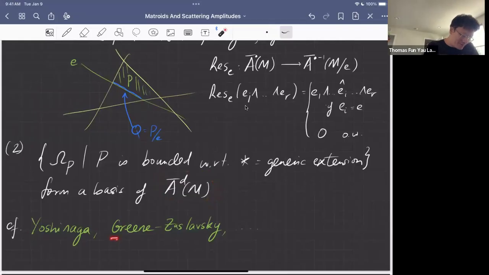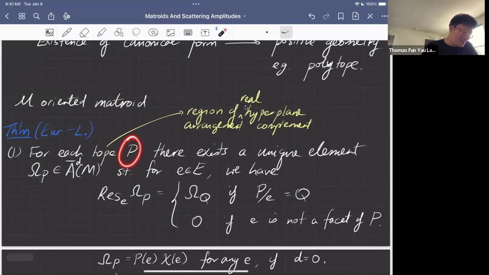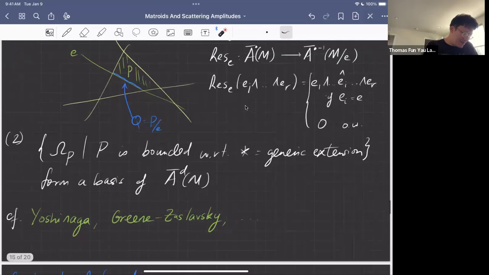That's one of the theorems of, I guess, Green-Zaslavsky. It turns out that these canonical forms, a different construction of them, not this recursion, was known to Yoshinaga. This is a paper from around 10 years ago.